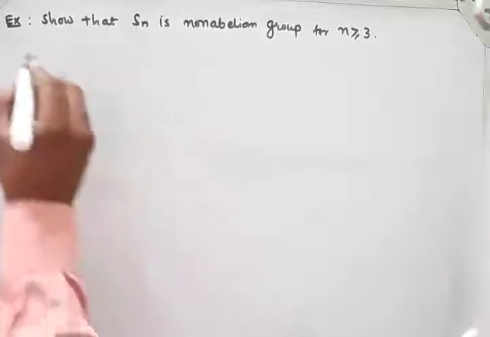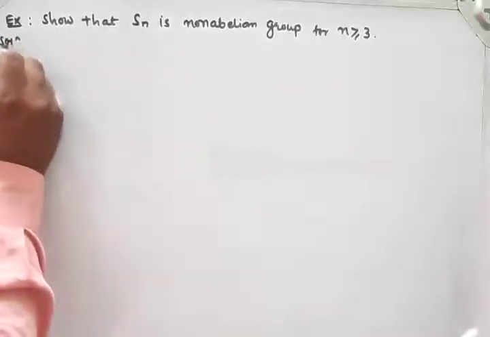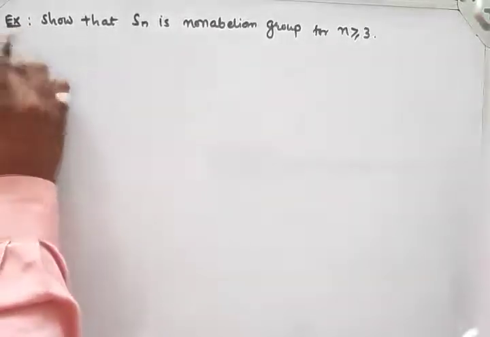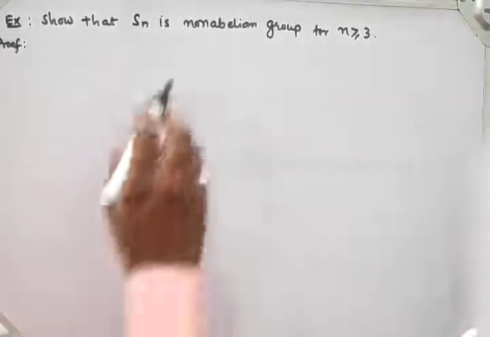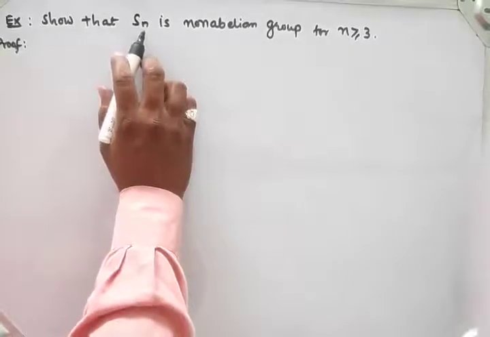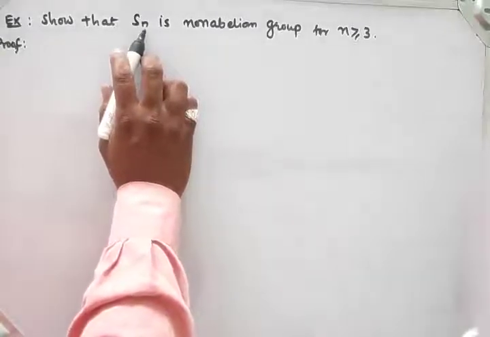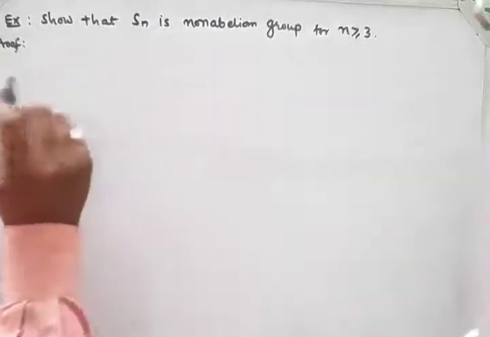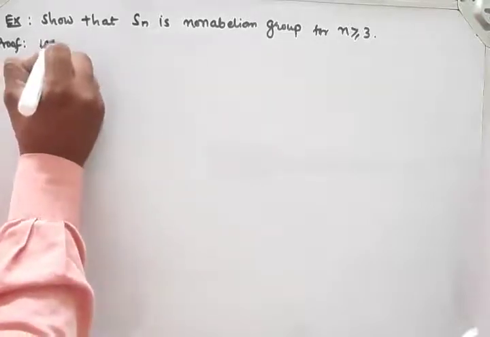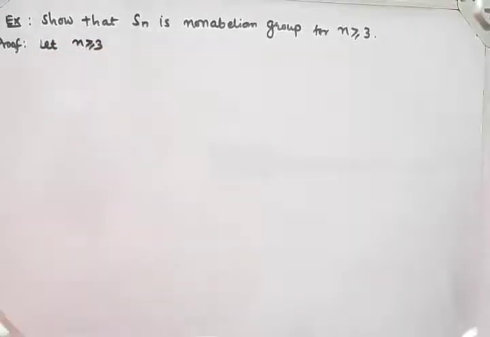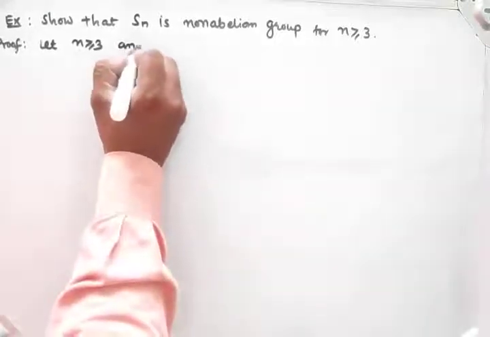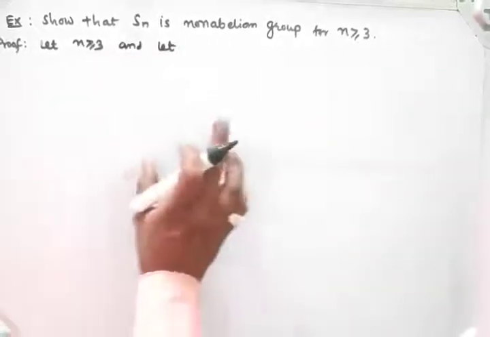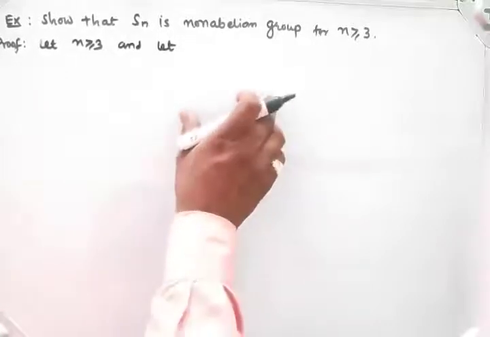To prove this, the proof: Sn is the symmetric group on n symbols. So for n greater than or equal to 3 it is always non-abelian. I will take 2 permutations whose products are not equal.